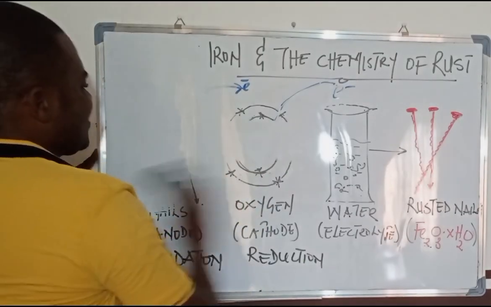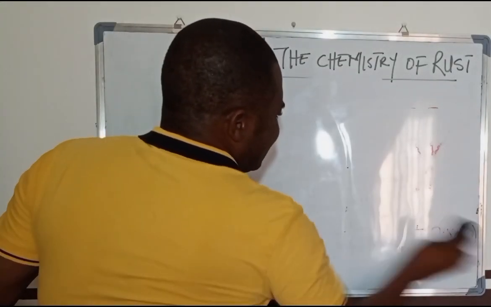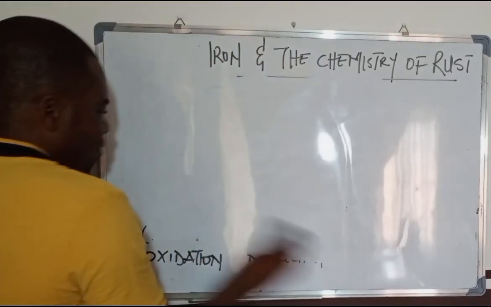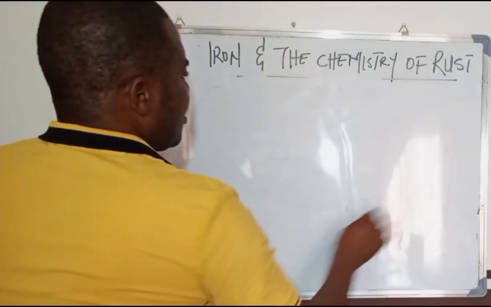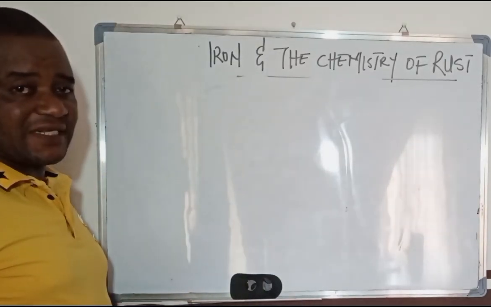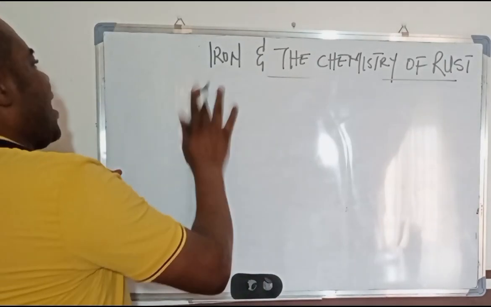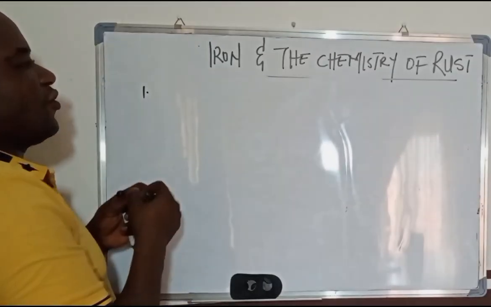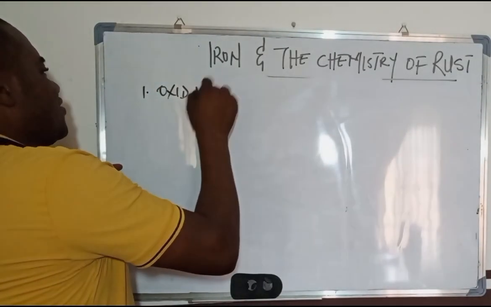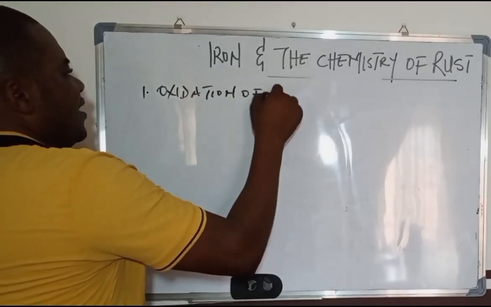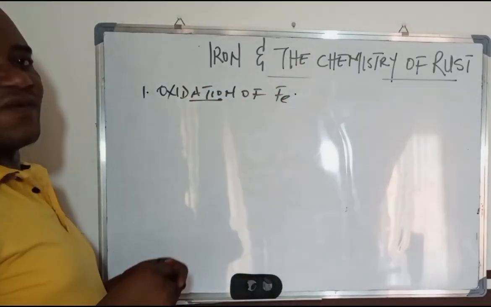Alright. Now let us take a look at those reactions that happen along that particular route of rusting. And remember, those reactions are along the corrosion line, because rust, as I said, is a product of corrosion. Now the first thing that will happen, there is always oxidation of iron metal.